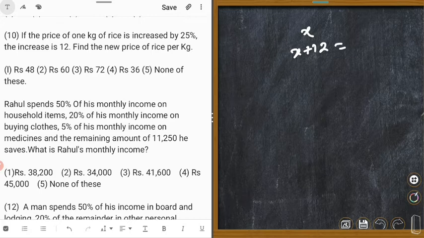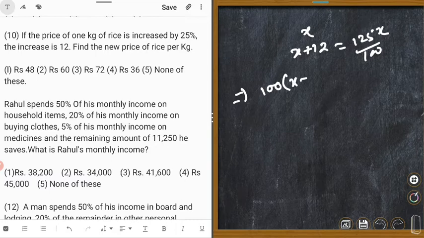This one is equal to 125x upon 100. Implies that 100 into x plus 12 is equal to 125x.